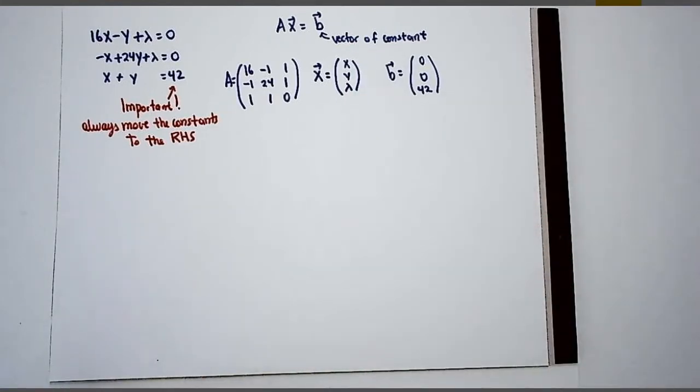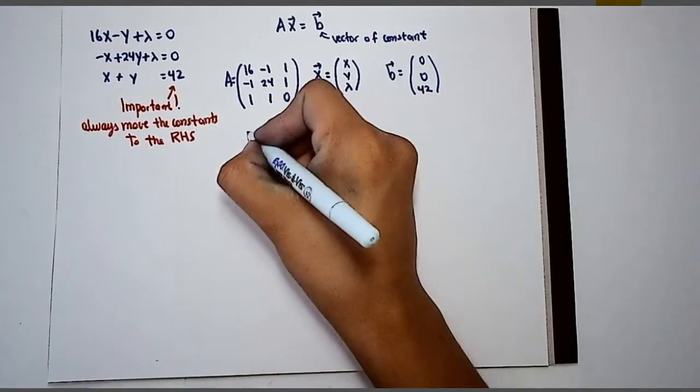Because we have three variables, we will need three submatrices.